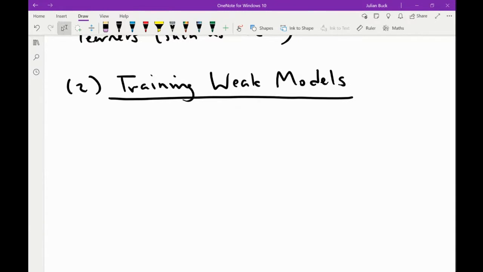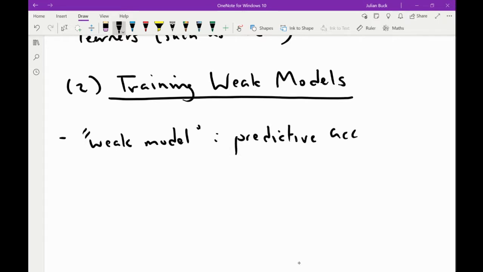When we say a weak model, often this means that the predictive accuracy is not much better than random guessing.